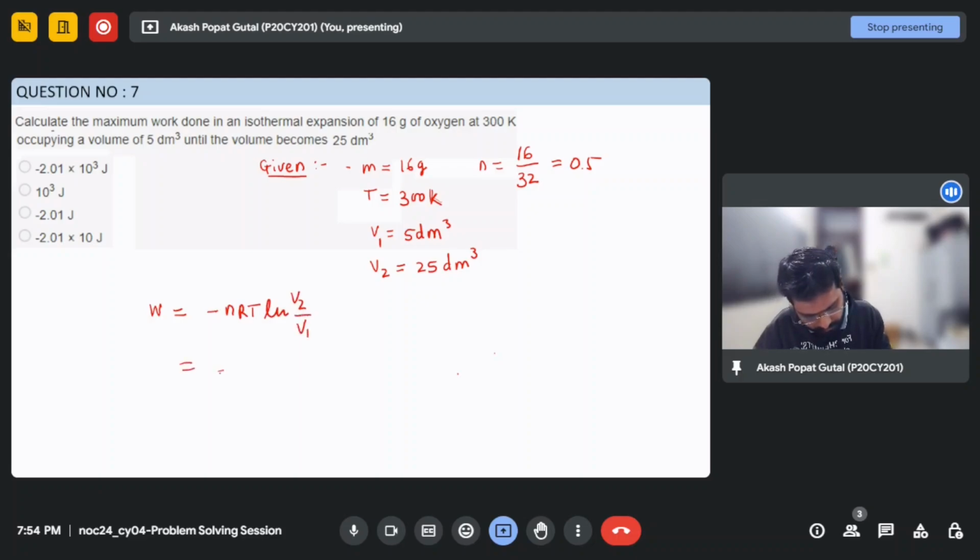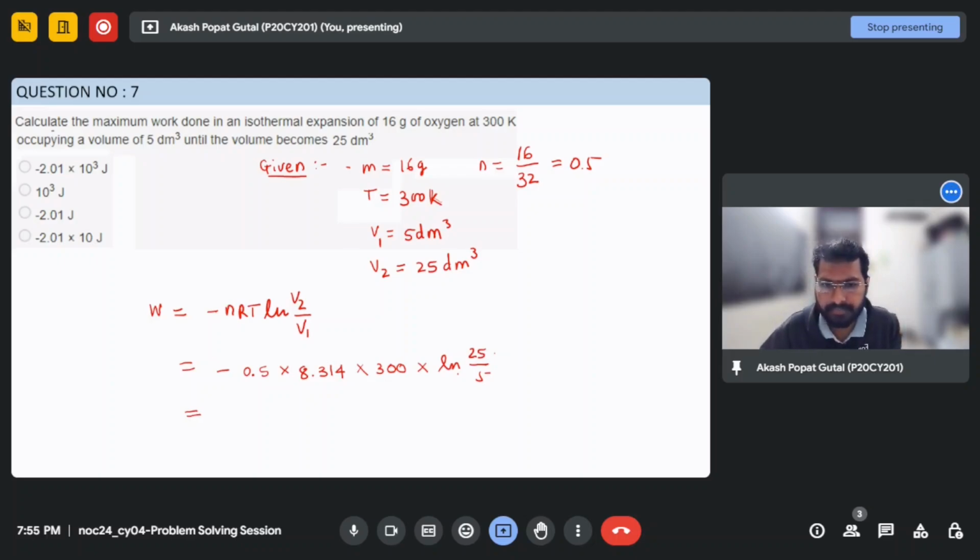So if you put all the variables, it's 0.5 cross 8.314, as it is asked in joule, 8.314 R value, into 300 Kelvin into ln 25 by 5. Can you please calculate and tell me the answer? Just calculate and tell me the answer.